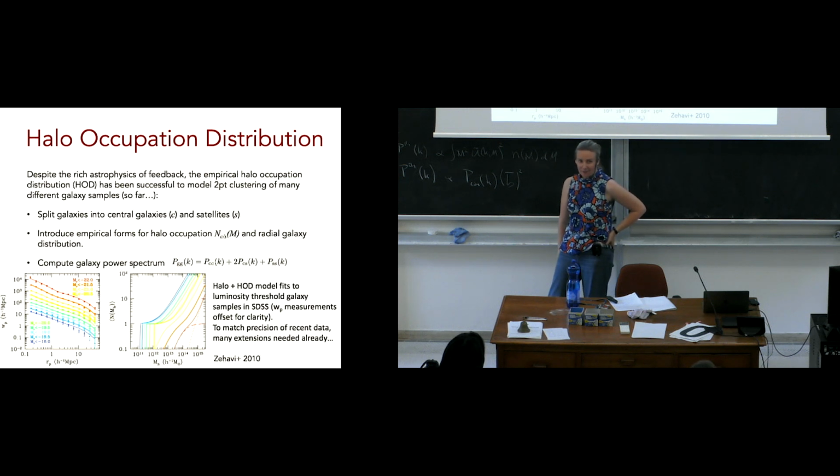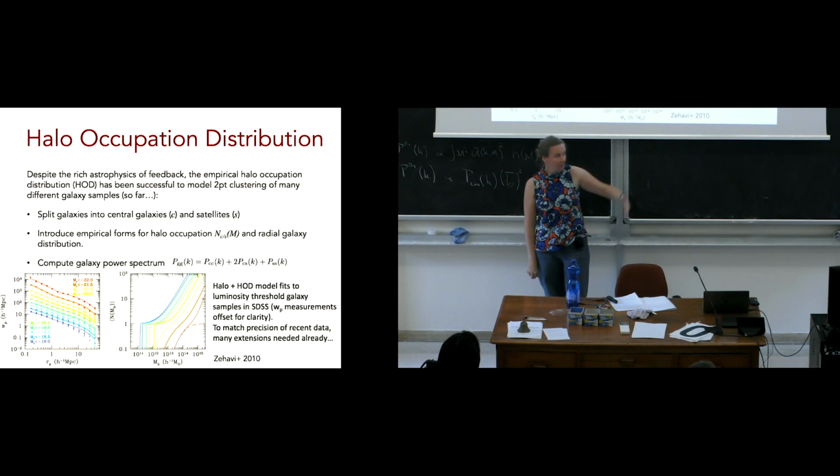Observationally, this is actually difficult because you may end up with, say, a galaxy definition that does not include your central galaxy. In a luminosity threshold sample, you should be fine because typically the central galaxy is the brightest object in the halo, so it will be included in your sample. But if you're only looking at galaxies in a given color or magnitude range, then your central galaxy might not be part of the sample.